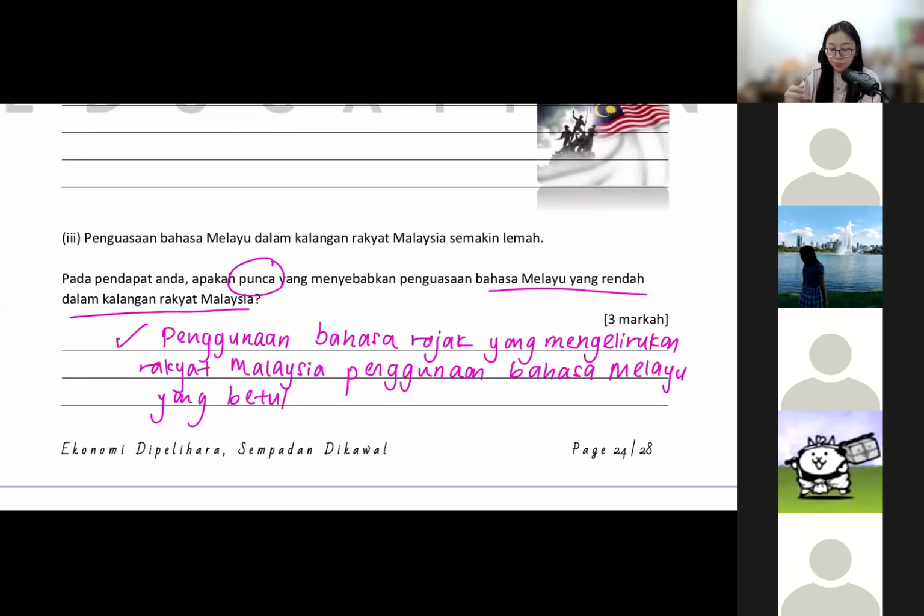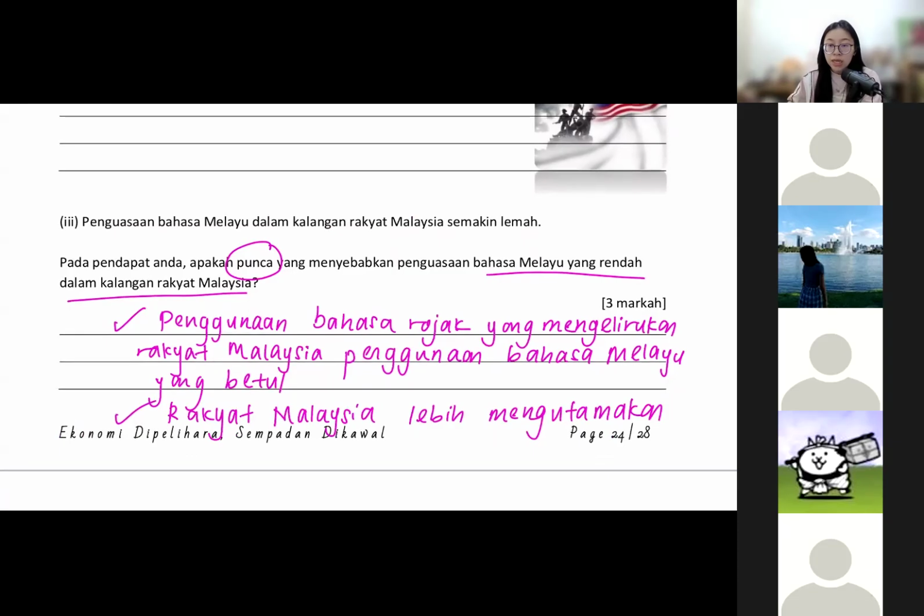Bahasa antarabangsa. So, masyarakat kini atau rakyat Malaysia lebih mengutamakan. Remember, the B has to be small letters. The I will be capital letters because it's a language. If it's a subject, then B and M are capital letters.